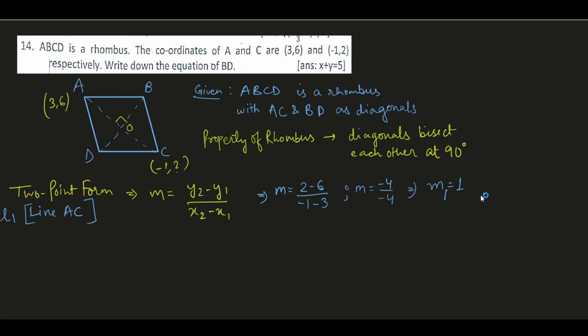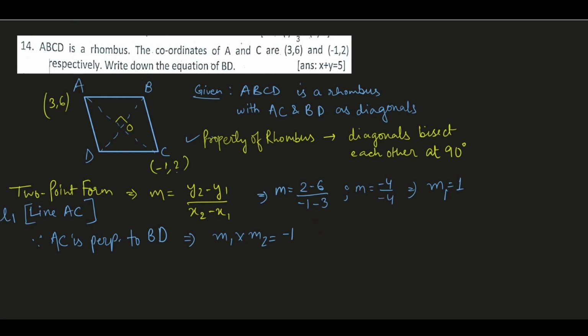Now, since by this property that AC and BD are diagonals and they bisect each other at 90 degree, already I have said that AC is perpendicular to BD. So since AC is perpendicular to BD, therefore we can clearly state that M1 into M2 is equal to -1.